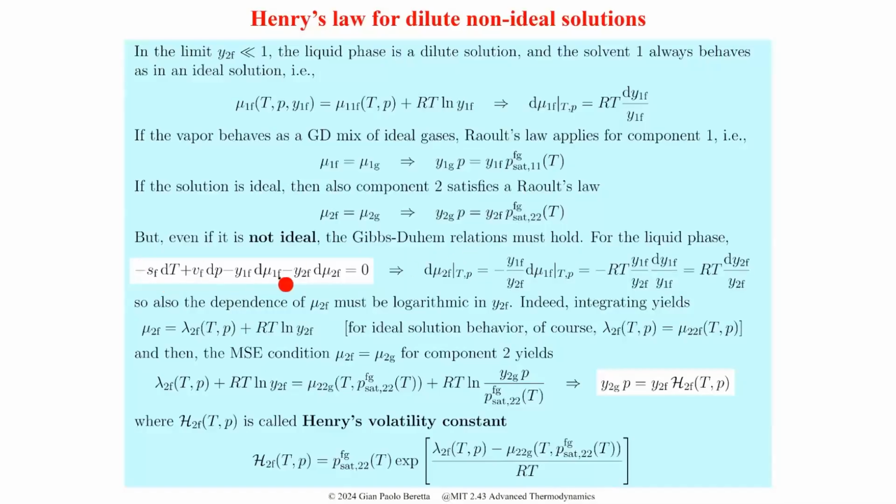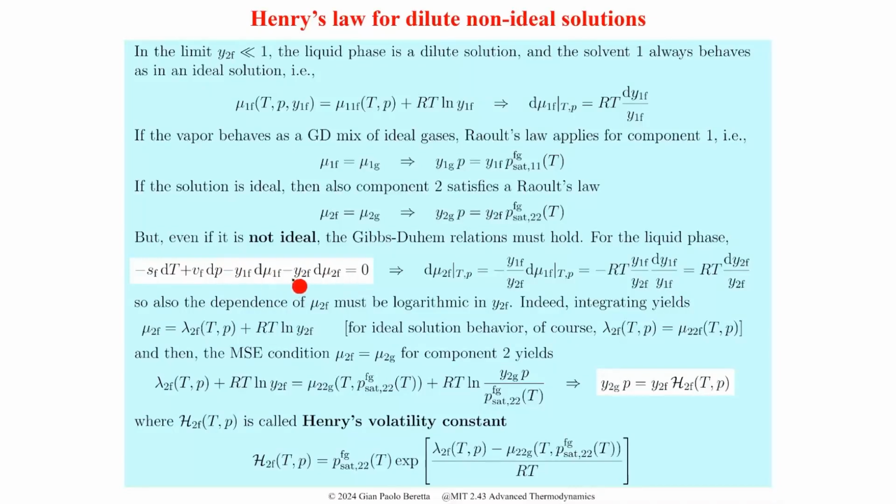For a binary mixture, the usual summation becomes just two contributions here. So this is minus SdT plus VdP minus the summation of the mole fractions times the d of the chemical potentials. Now, suppose we fix temperature and pressure, so we set dT and dP equal to 0.